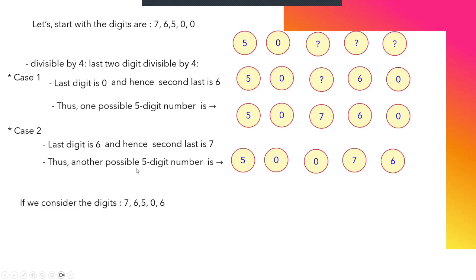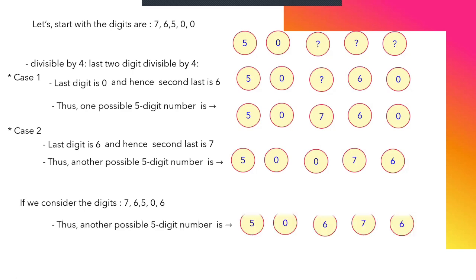Now take the other combination, 76506. Here 50 is already used, so we have 766. If 66 were the last 2 digits, it is not divisible by 4, so 76 would be the last 2 digits. Then we get the combination 50676.